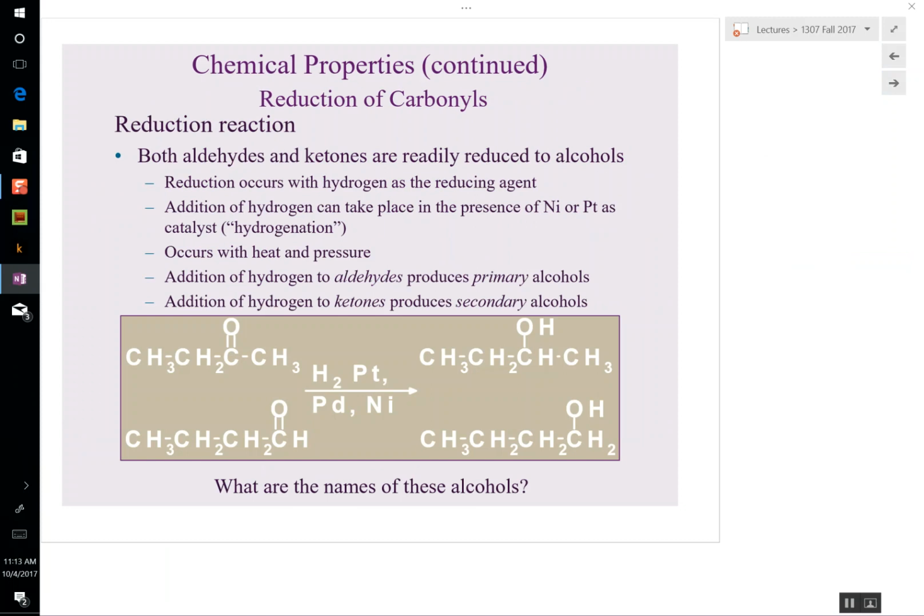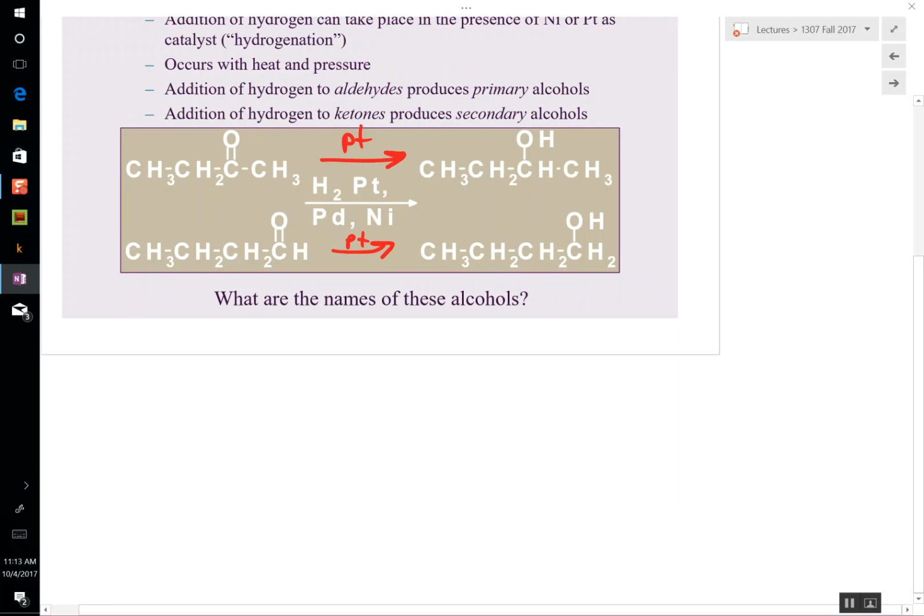So really what you've got here isn't just one reaction. Think of this as two reactions. There's one reaction, there's another reaction. You have platinum there, platinum there. They're just saying the same catalysts and the same reactant are used for this. So this one here just has 4 carbons.